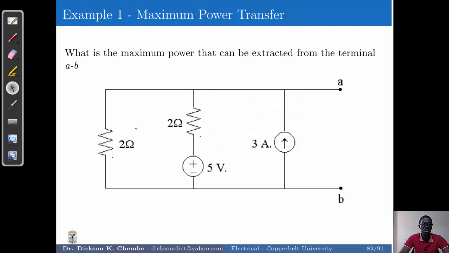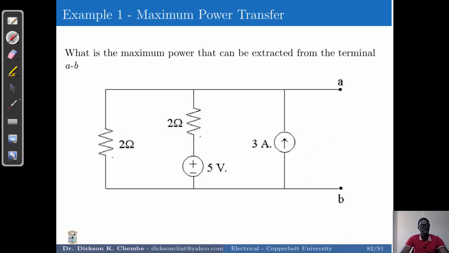So here's a question. The question says, what is the maximum power that can be extracted from the terminals AB? You've been asked to find the maximum power, and you can use any preferred method: nodal analysis, mesh analysis, or any method that you prefer to find the solution.